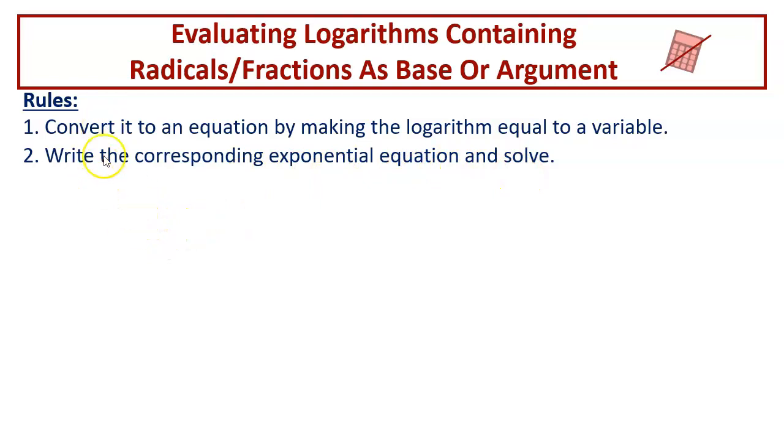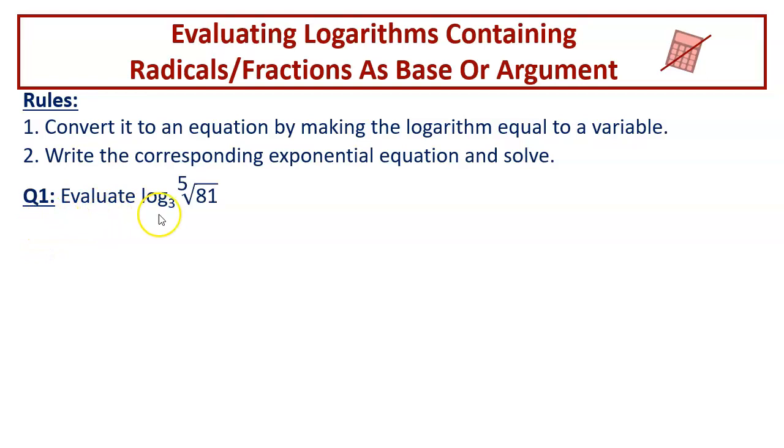So this is one of the methods of evaluating logarithms, and while I'll be explaining the questions, I'll be giving you another method of getting the value of the given logarithms. So let us start with our first question of this session.